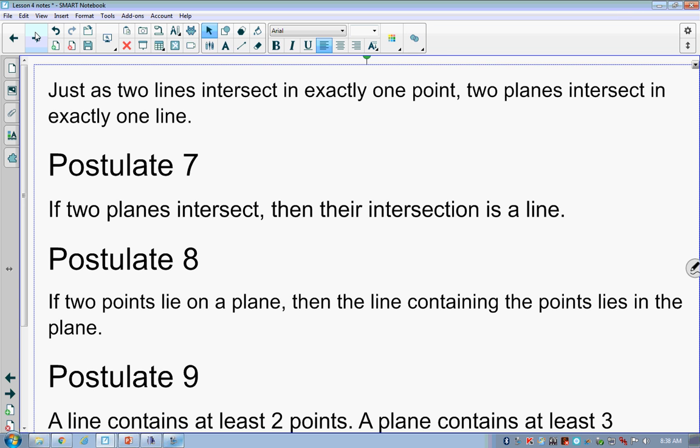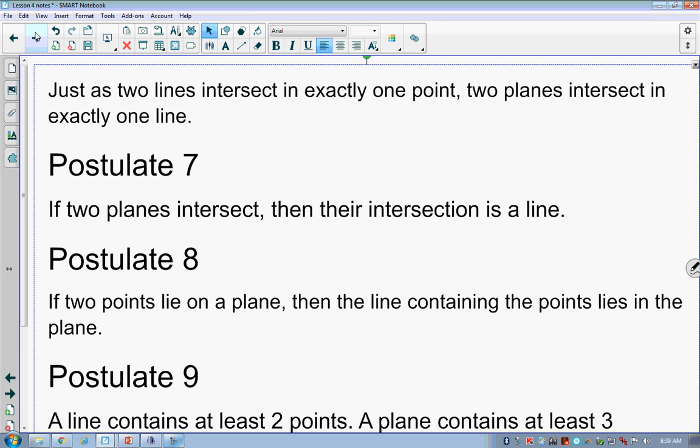Yeah, because, okay, so some of these are going to seem kind of dumb, obviously, yes, okay, but those 2 points exist on that plane, so the line that connects those points also exists on the plane, okay? And these may seem silly now, but later on we're going to look at questions and scenarios and geometric things where we're going to need to know that, okay?